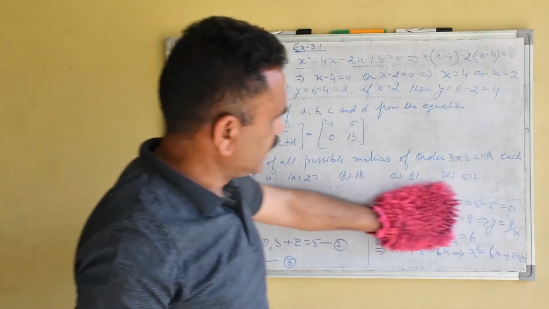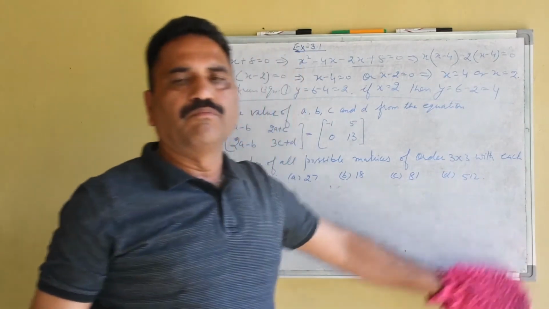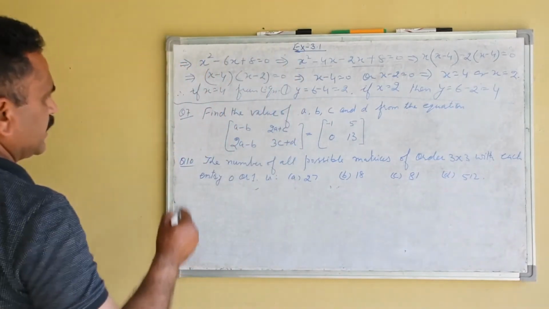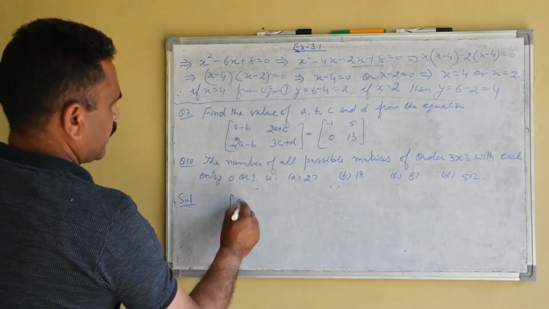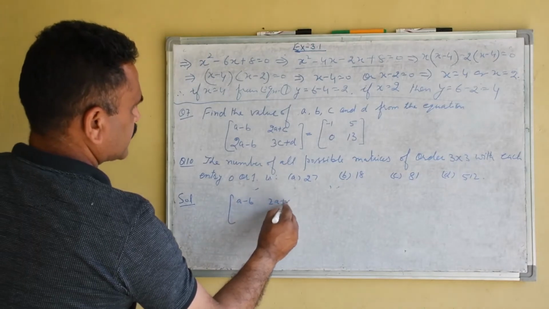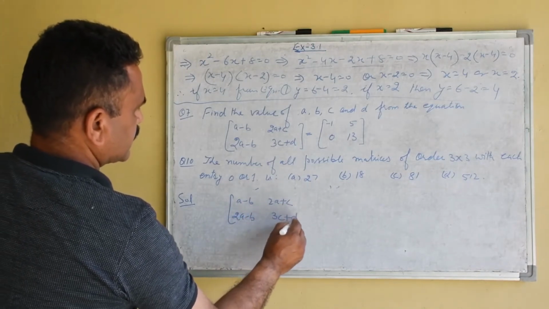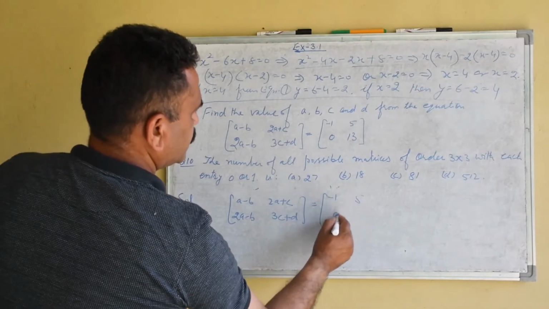Now next is to find the values of a, b, c and d from the equation. Again, this is the case of equality of matrices, and we know two matrices are said to be equal if the corresponding elements are equal. So a minus b, 2a plus c, 2a minus b, 3c plus d is equal to minus 1, 5, 0, 13.